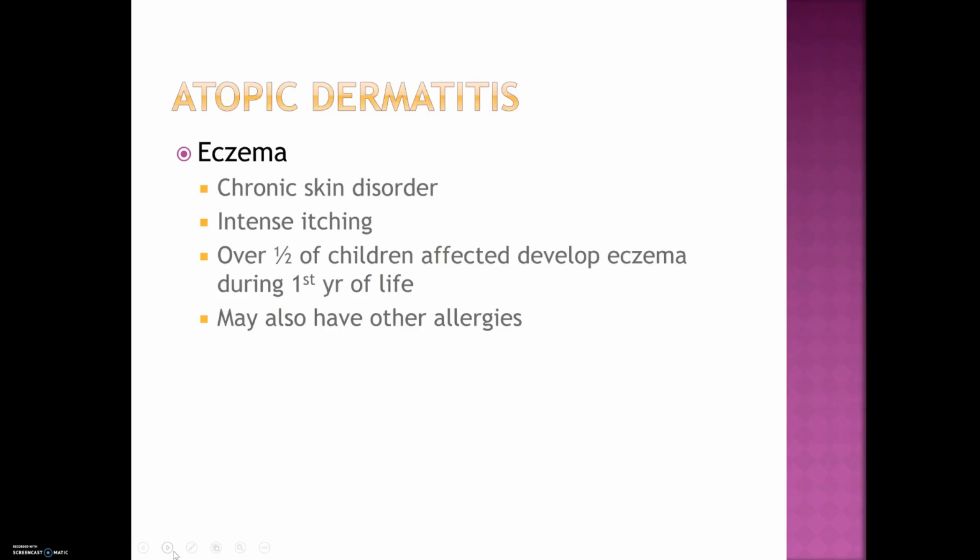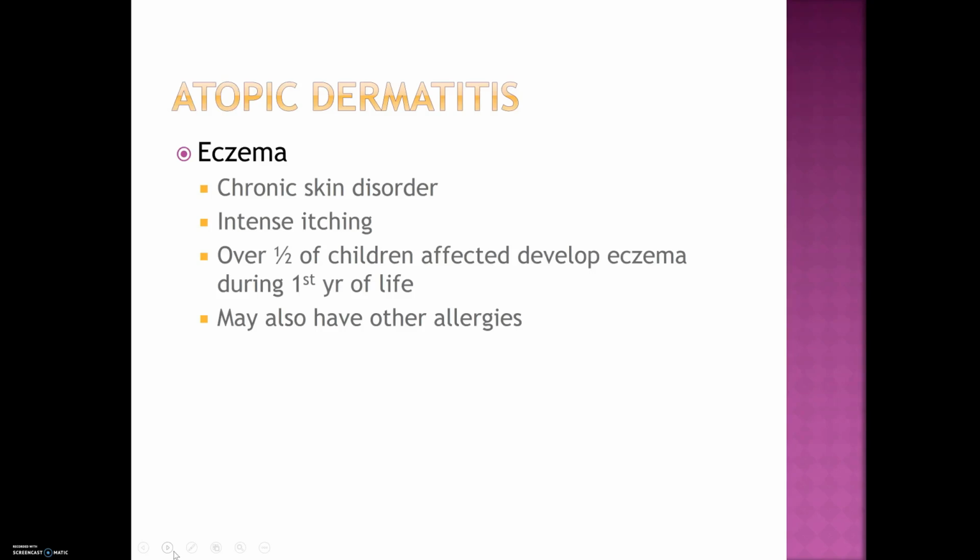So it's a chronic inflammatory skin disorder. They're going to have intense itching, and over half of children that are affected develop it during their first year of life. They may also have other allergies, and it affects about 20% of infants. So about 1 in 5 infants is going to have eczema.